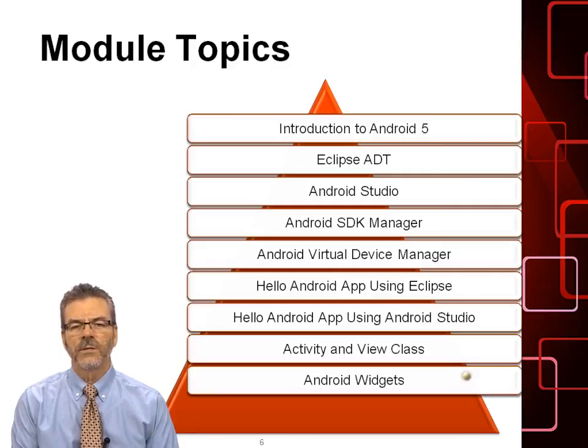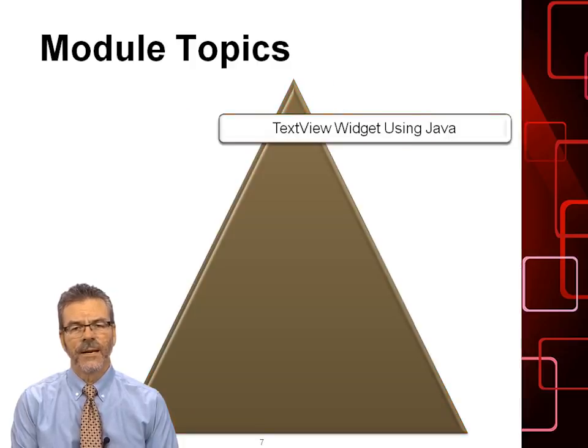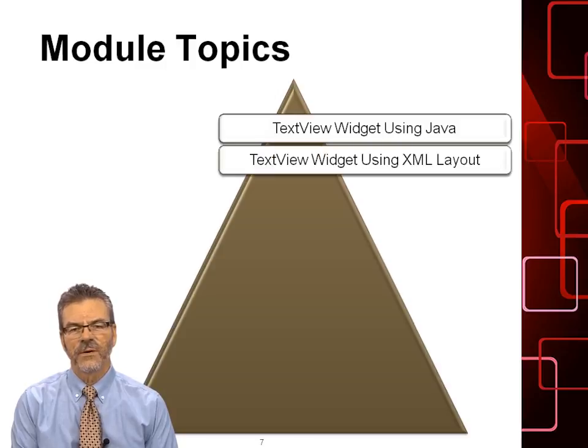We're also going to write applications that take advantage of Android widgets. Now, what are some of the widgets? Well, one example is the text view. Allows us to display text, and we're going to use that first by writing Java code. So just by writing Java code, we'll see how to create and put information into the text view.